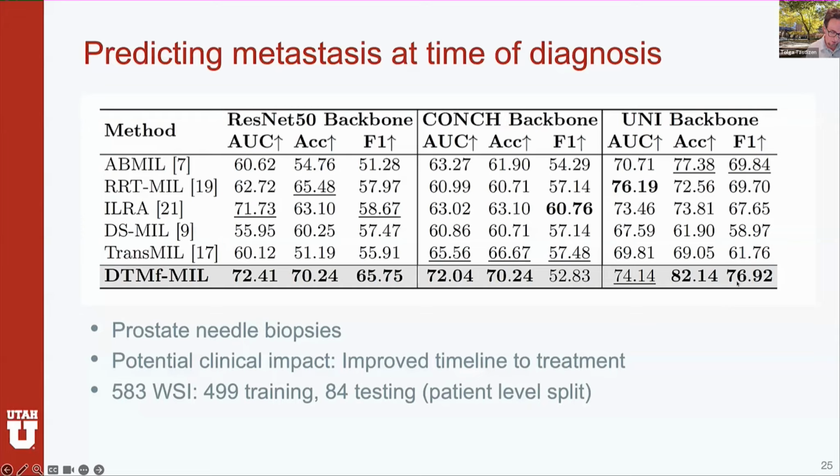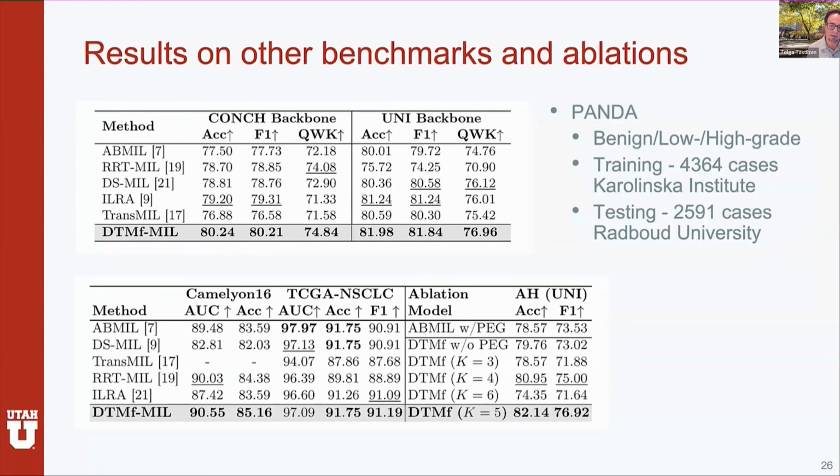Because, as we hypothesized, it is important to look beyond just aggregated patch-level features and to actually look at the tissue geometry, right? And on other tasks, I'm running out of time here, so I'm not going to go into details, but depending on the difficulty of the task, it might or might not benefit, right? For instance, for tasks like cancer detection, Camelyon16, where the cancer is already in that slide, we don't see a benefit from adding these features, and that's as expected.